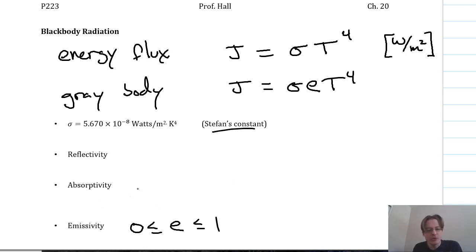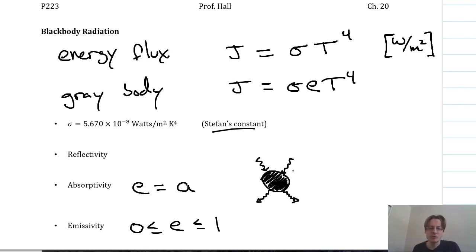In other words, it turns out the value of E is equal to the fraction of radiation that the object absorbs. A picture might help. If something's completely black, what we call a black body, then it absorbs radiation and it emits at the same rate.